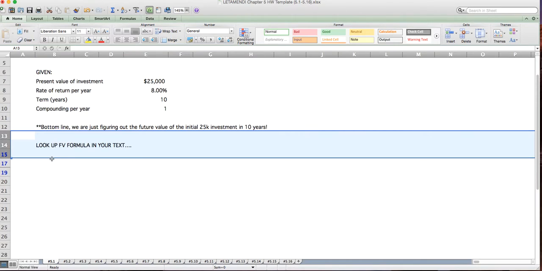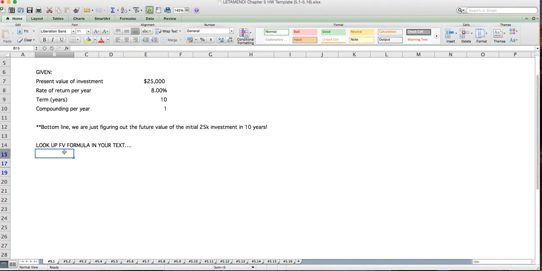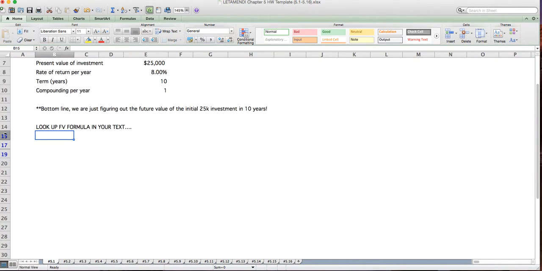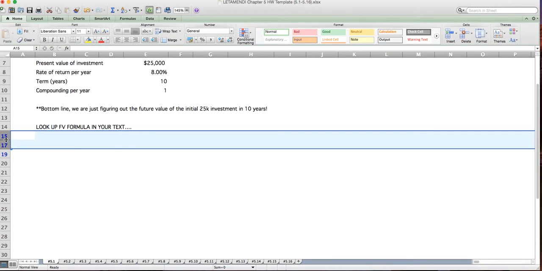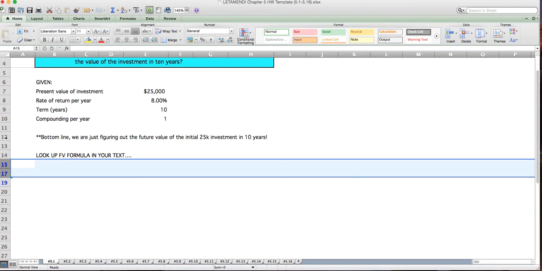So the first step is to look up the future value formula in your text and understand what components make up that future value formula. When I was going to school, I learned how to use the Texas Instruments BA II Plus business analyst calculator.